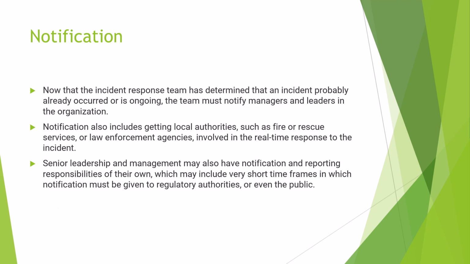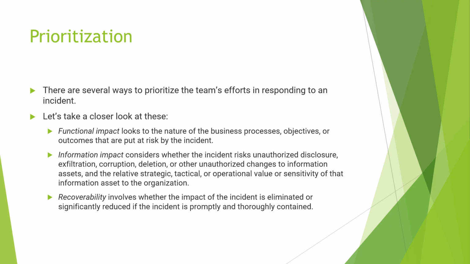So let's talk prioritization. There are several ways to prioritize the effort. Normally we look at functional impact, informational impact, and recoverability. But all of these have to take into account the strategy, business goals, and objectives of the organization.